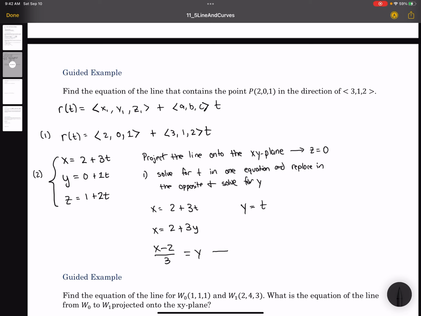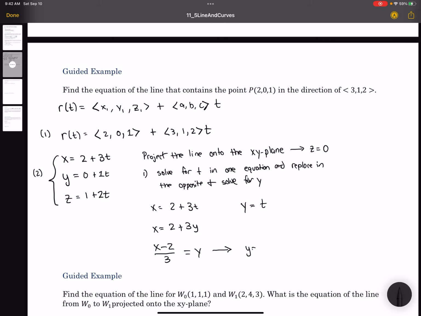And if you like your equations in slope-intercept form, you can say y equals 1/3 x minus 2/3. Cool. So this is the projection of that line onto the xy plane. We'll see more about this when we do stuff in class with GeoGebra.